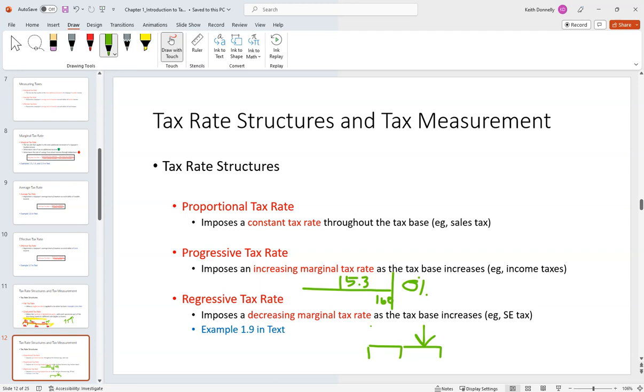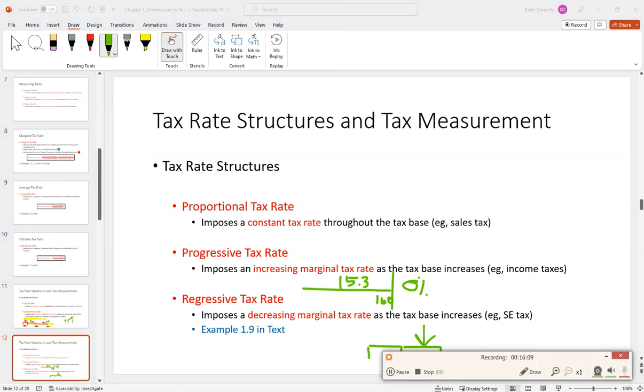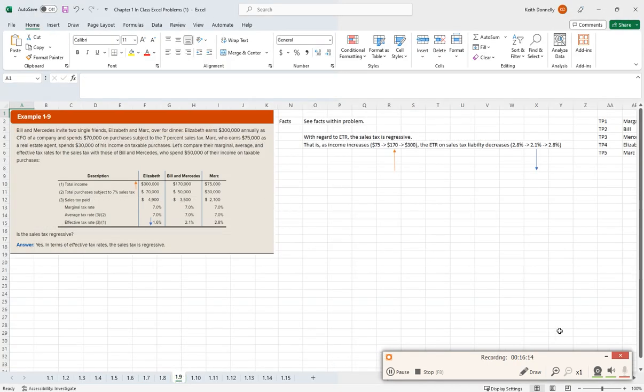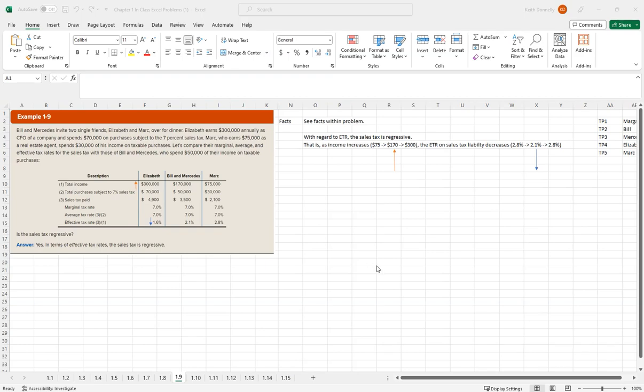So let's look at example 1.9. This is just giving us some facts. It says we have 3 taxpayers, showing their total income. This one has 75, 170, 300. So each one, the income's going up.